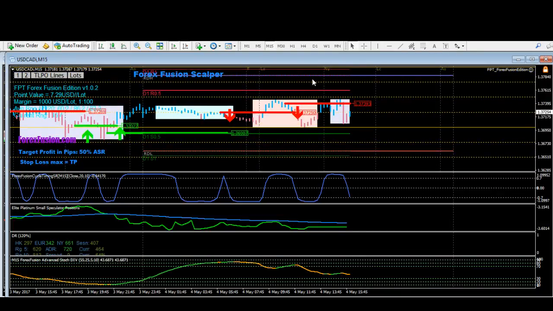You can see the bluish projected daily high and the orange projected daily low. These are important in short-term trading and in day trading as potential reversal points.